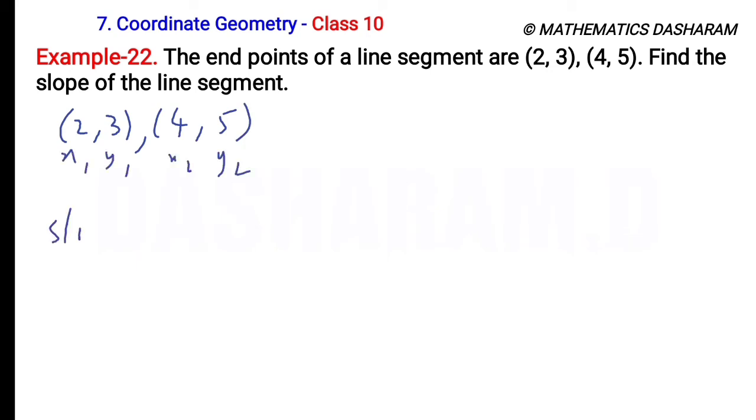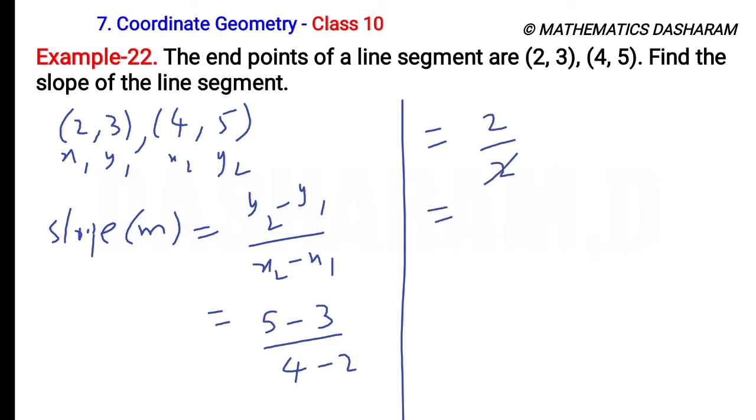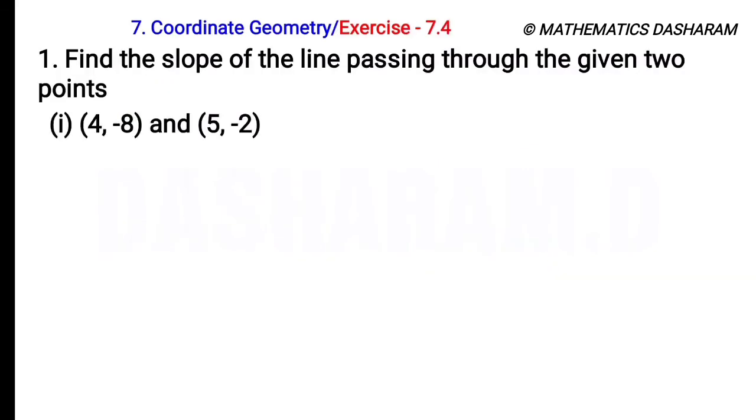The slope of the line, denoted with a small m, equals y2 minus y1 divided by x2 minus x1. The y2 value is 5 and the y1 value is 3, the x2 value is 4 and the x1 value is 2. So it equals (5 minus 3) over (4 minus 2), which is 2 over 2. The 2s cancel, so the slope value is 1.